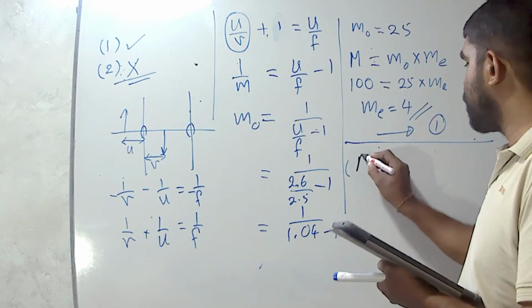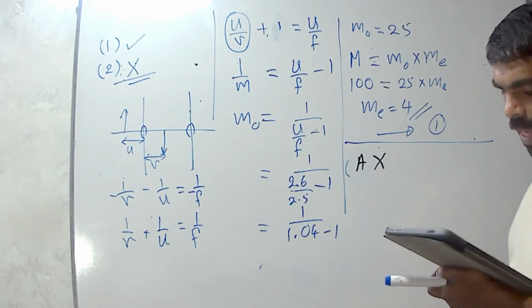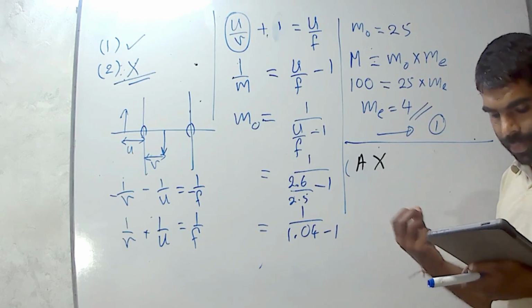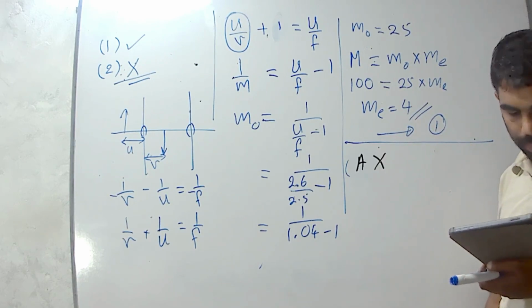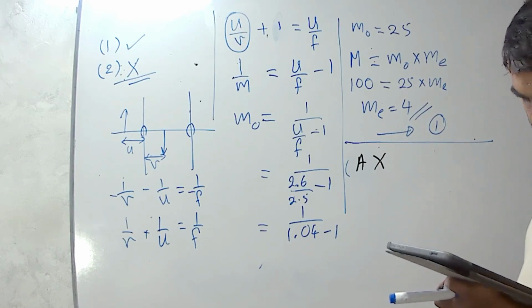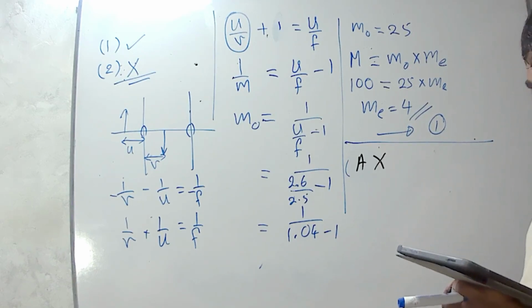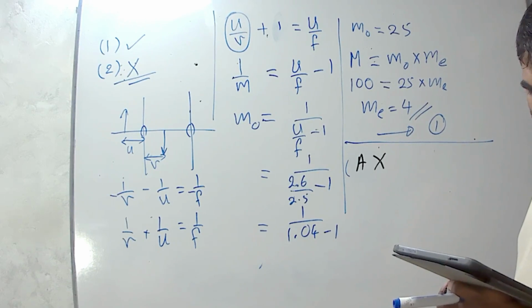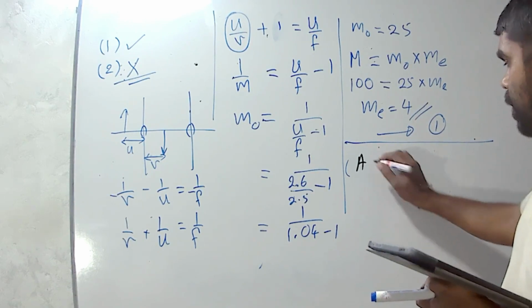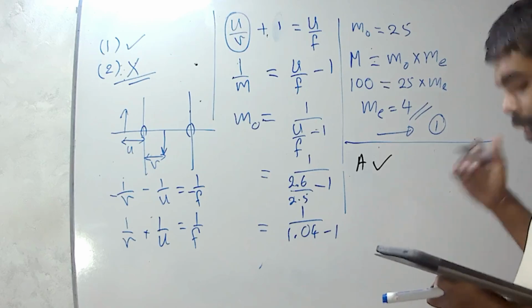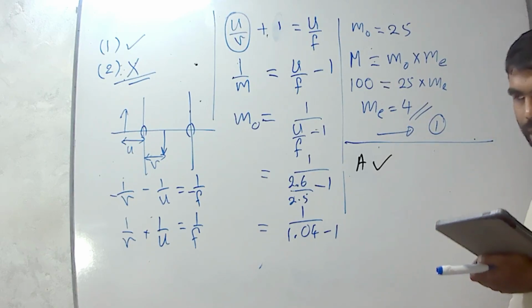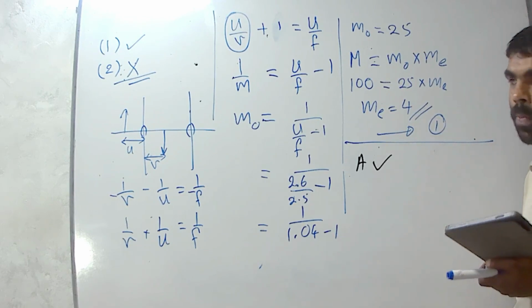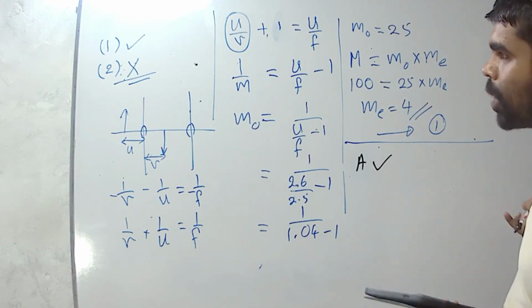We know that we can make an astronomical telescope using a small objective lens. No, it is correct. In a microscope the focal length of the objective should be small. In a telescope the focal length of the objective should be a greater value.